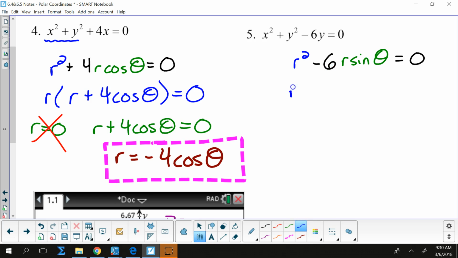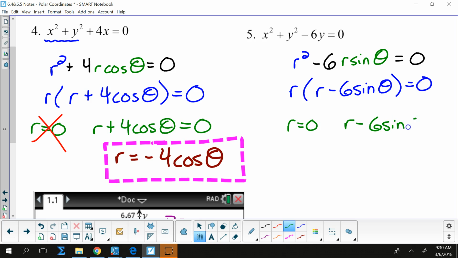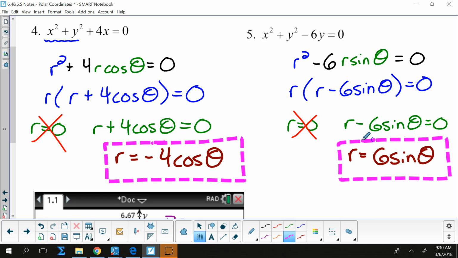Now we're getting it looking pretty. r times the quantity r minus 6 sine of theta is equal to 0. So r is equal to 0, or r minus 6 sine of theta is equal to 0. This first one is the pole, so we just kick that out. That leaves us with r equals 6 sine of theta as our polar equation for that.